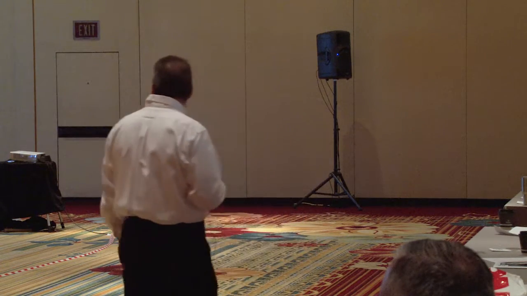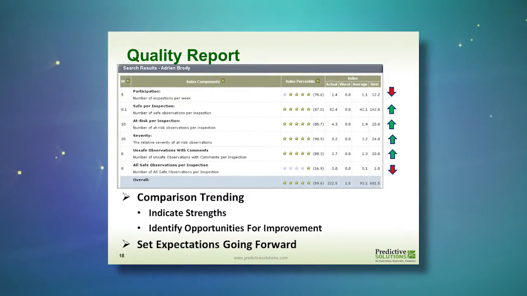And then we have the basic safe and unsafe per inspection, right? The next thing is, I can break up the quality metrics. So really it's the 6 things that I just talked about. Your participation, which is how many inspections did you do per week? And there's a number, right?